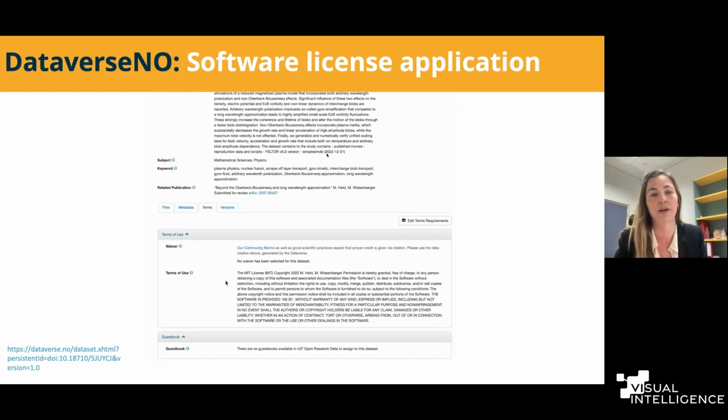In this case, the person has applied an MIT license because the data set was based on derived code, if I remember correctly. And that original code had an MIT license applied. So they've done the right thing. They've made a derivative work and applied the same license. So DataverseNO can accommodate either type. It just depends on you and what your data set requires.